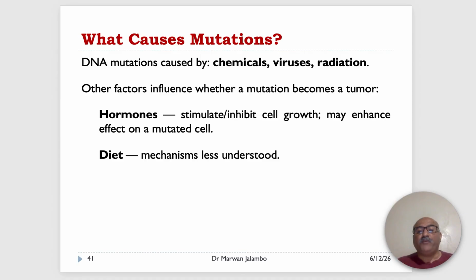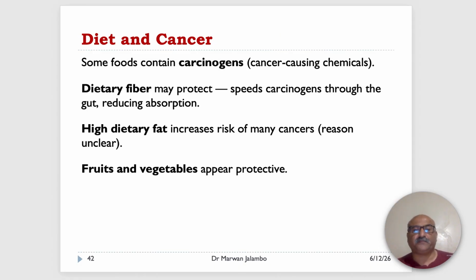Let's start with diet, since it's the factor we have the most personal control over. Diet and cancer. Diet's role is real, but only partly understood. Some foods contain carcinogens, cancer-causing chemicals. On the protective side, dietary fiber may help by rushing carcinogens through the gut so less gets absorbed.